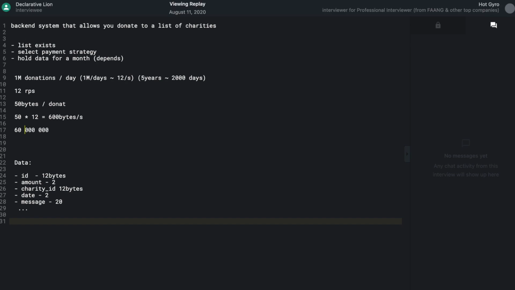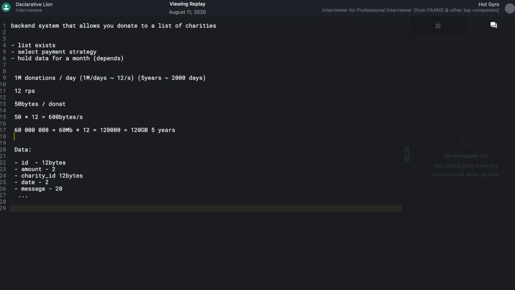So we have like 60 million bytes per day, which is around 60 megabytes per day, and if we multiply it by 2,000 days, we would have around 120 gigabytes for 5 years for storing this data, something like that. So I think it's pretty much it for our high-level estimations.